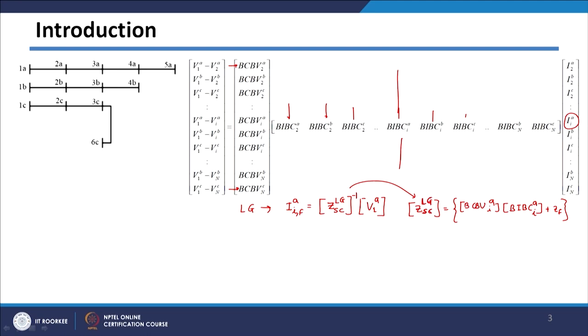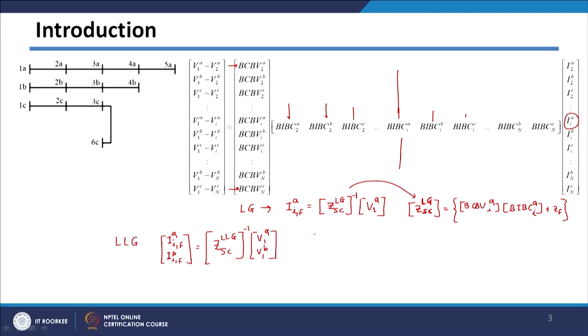Similarly, we derived for LLG fault. In that case there will be two currents, the fault current in phase A and the fault current in phase B, equal to the inverse of the short circuit matrix corresponding to LLG fault, multiplied with the voltages of the first node of A phase and B phase.